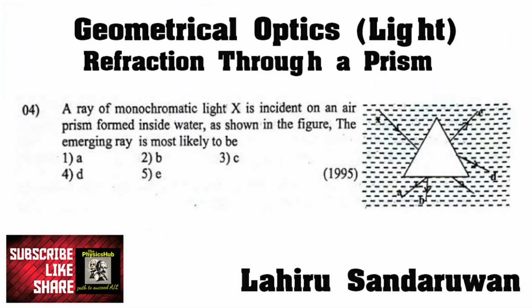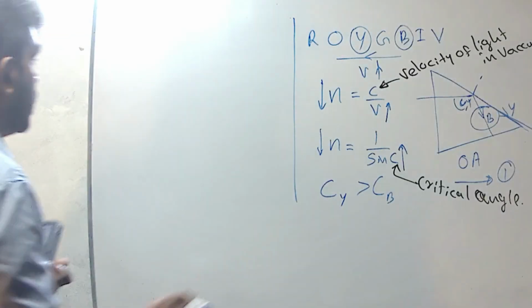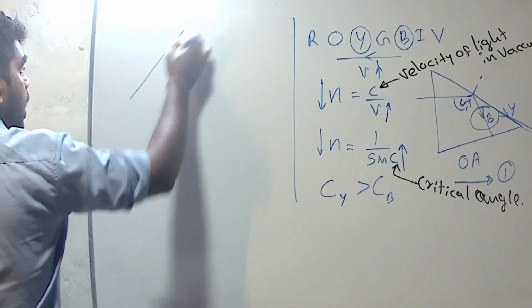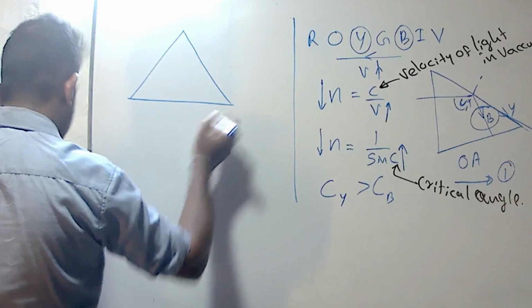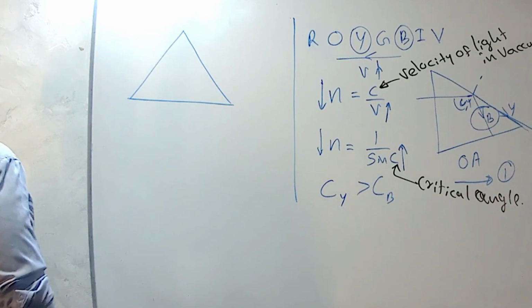The ray of monochromatic light X is incident on an air prism formed inside the water, as shown in the figure. The emerging ray is most likely to be? They have given incident rays like this.